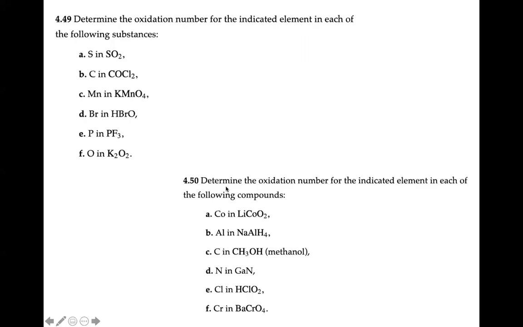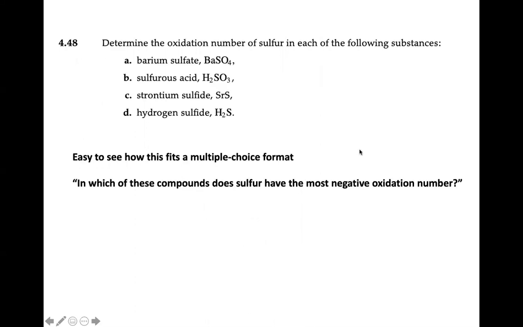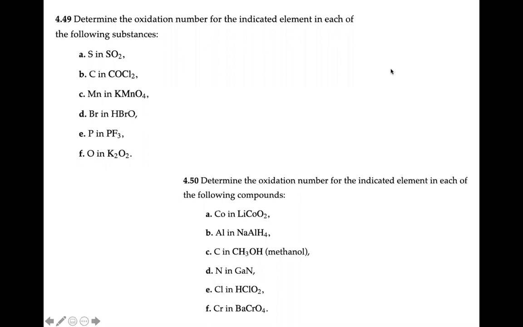Now, if I look in the chapter, there are a couple different examples, if you want to practice them later. In each of these ones, the nature of the question is pretty easy to predict. It's asking for the oxidation number. It might be for a particular atom within it, or I would argue you should be able to assign the oxidation number for all of the atoms.